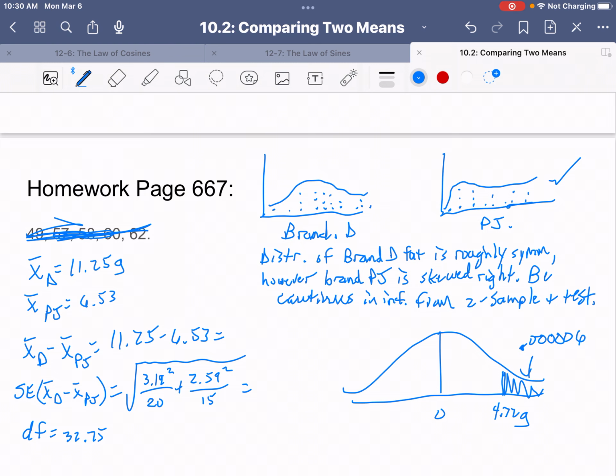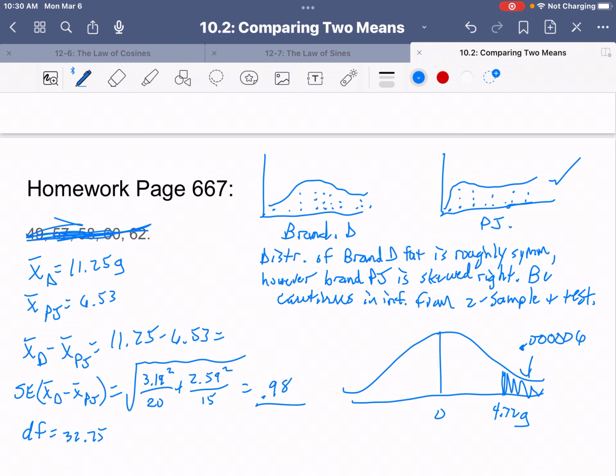Okay. Now, let's go back and finish calculating our standard error. 3.19 squared divided by 20 plus 2.59 squared divided by 15, and we need to take the square root of that, 0.98.